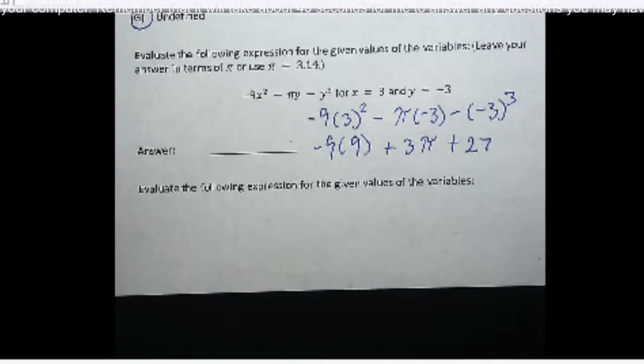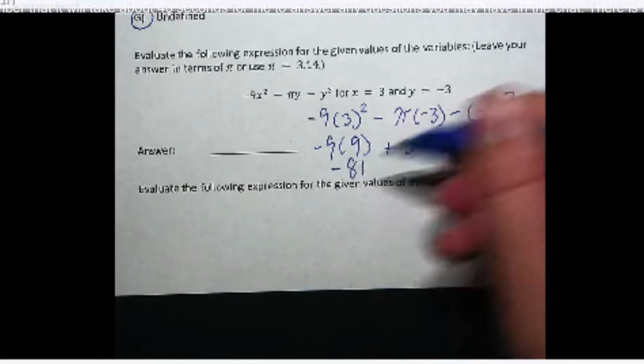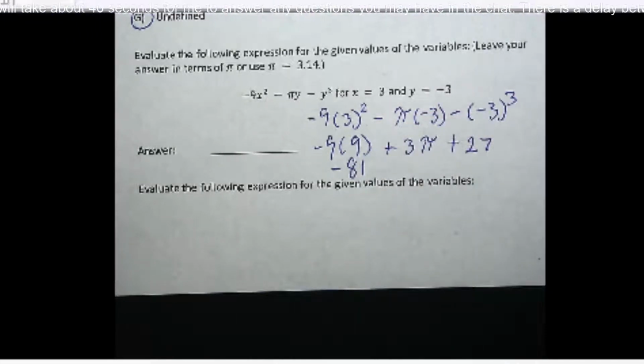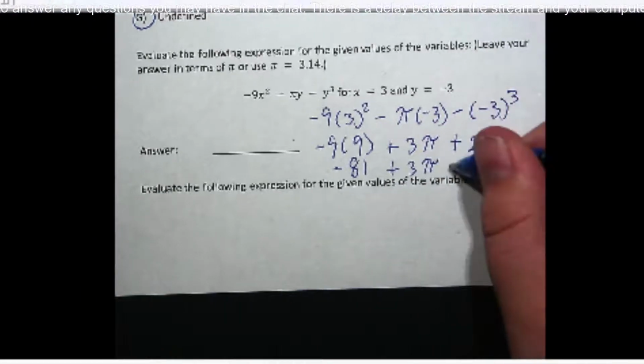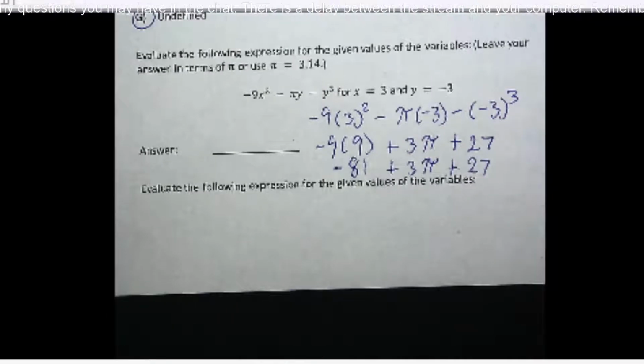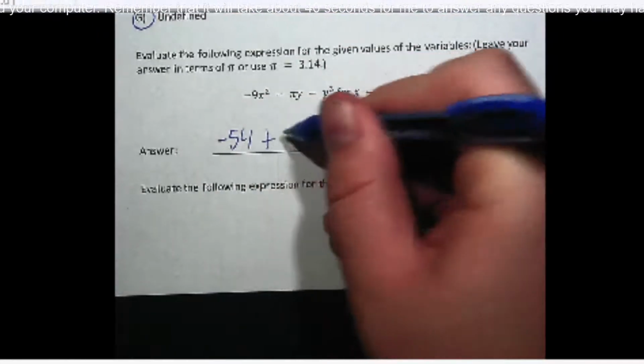Then I've got negative 9 times 9, so negative 81. Then plus 3 pi. Plus 27, and just combine like terms now. So it's going to be negative 54 plus 3 pi.